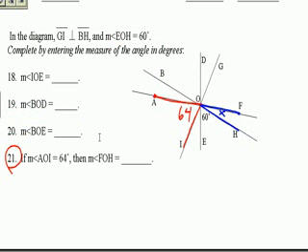Now what we can say is that since we have a straight line right here, all of these angles are going to add up to 180 degrees. Now this is one way to solve it. We know that originally we were told GI and BH are perpendicular.